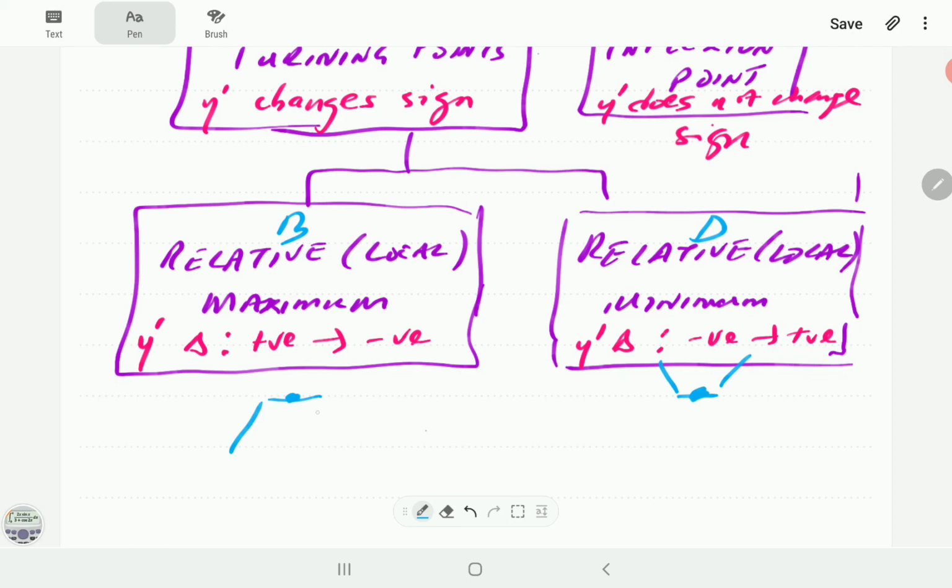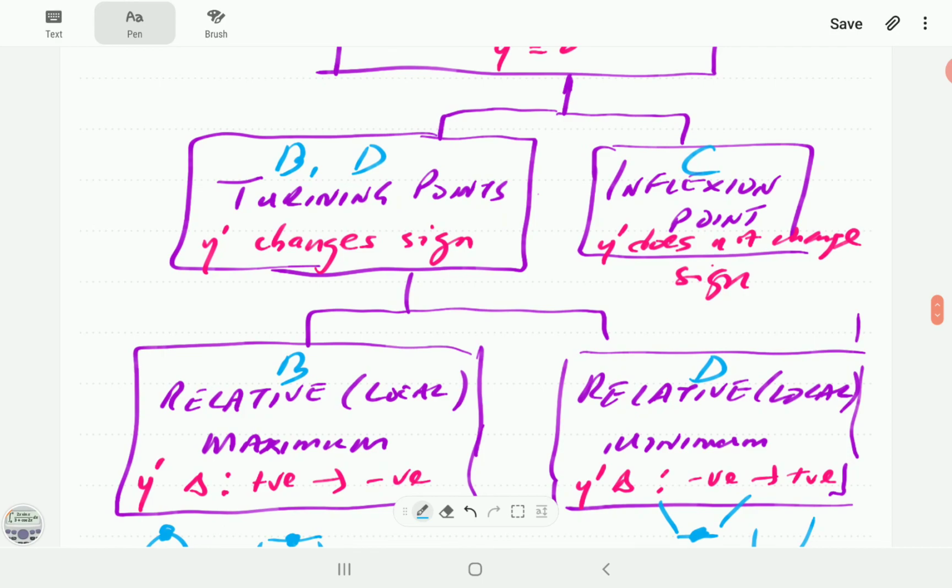Whereas for B, the situation is a bit like this. Okay, so if the graph looks a bit like this, then you've got a local maximum. If the graph looks a bit like this, then it's a local minimum. This is just a crude sketch using straight lines. All right, so that is the idea.